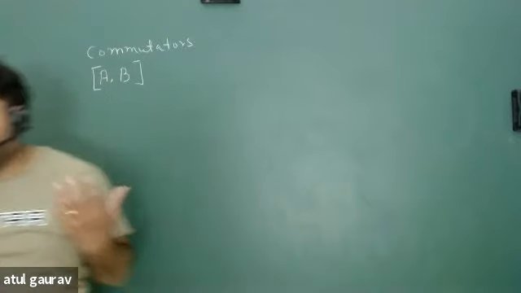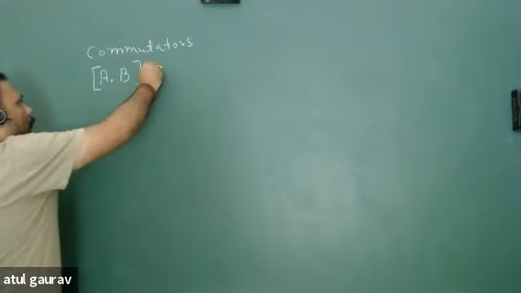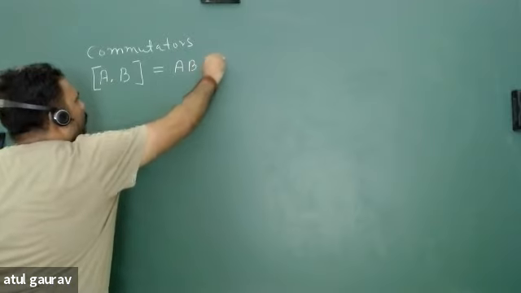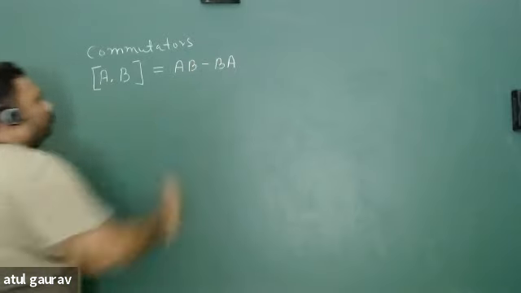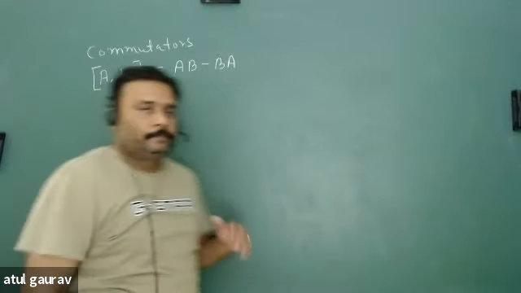It is not actually the Poisson bracket, but analogically it is something like it. So this can be written as AB minus BA. It is not necessary that it will be zero.